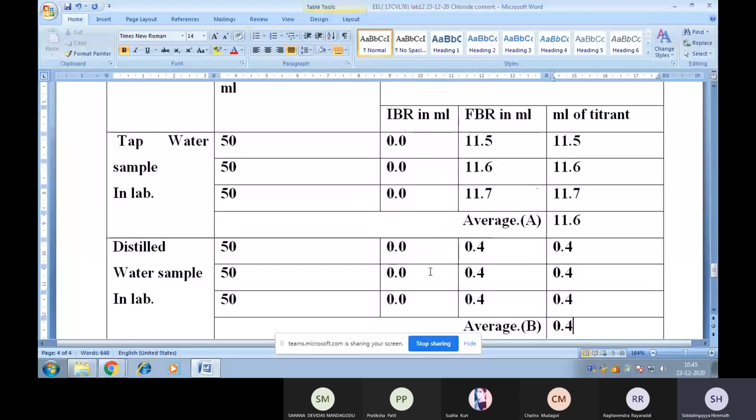So based on this result, you can conclude that the water may be used for consumption, or it is potable.